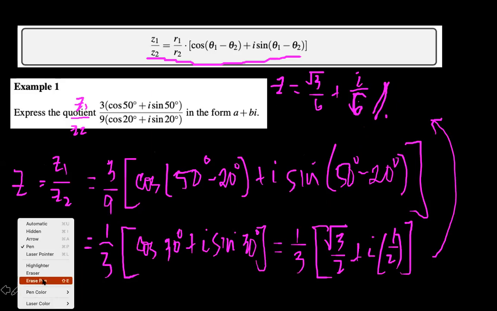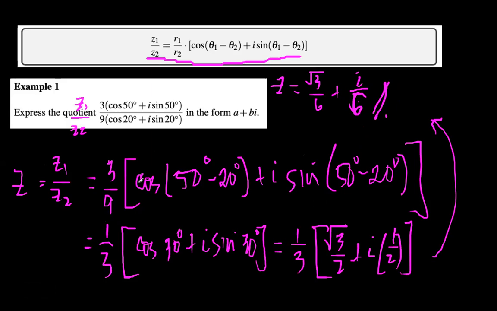Paano natin, sir, gagawin yan? Okay, that's a good question. So ang gagawin natin dito, isulat ko muna dito, class, para maintindihan. So magiging siyang cis 50 over cis 20. Ayan. Tama, class, no?